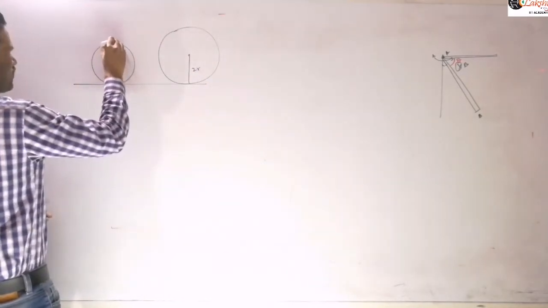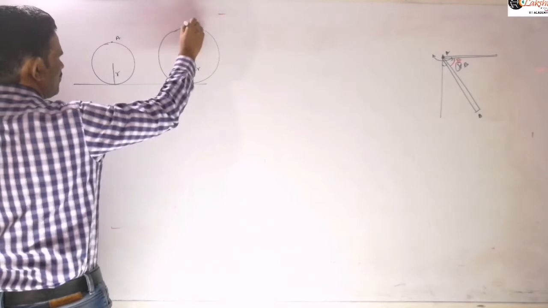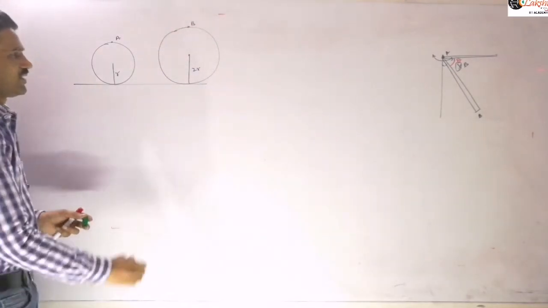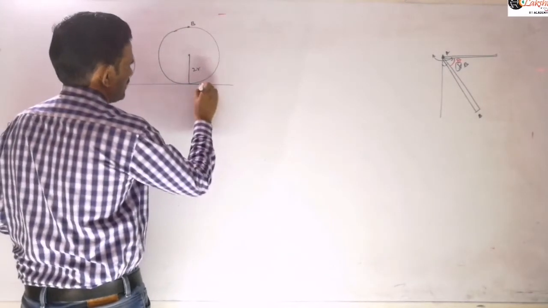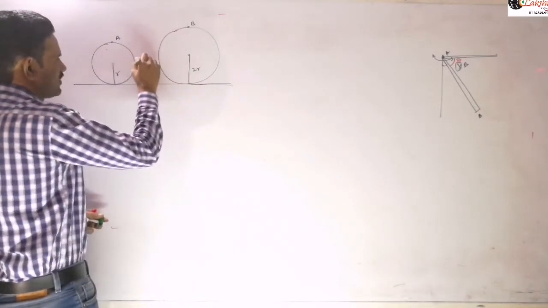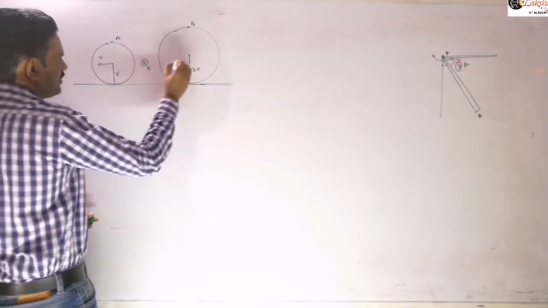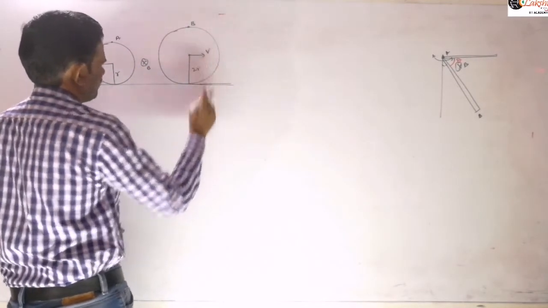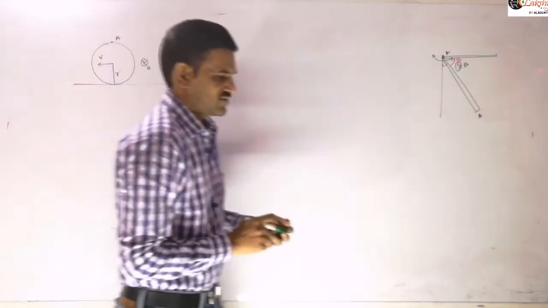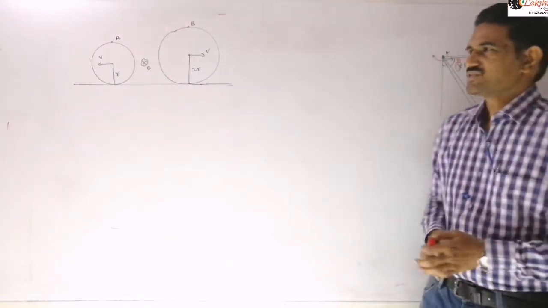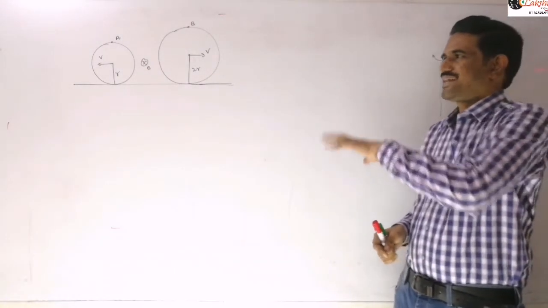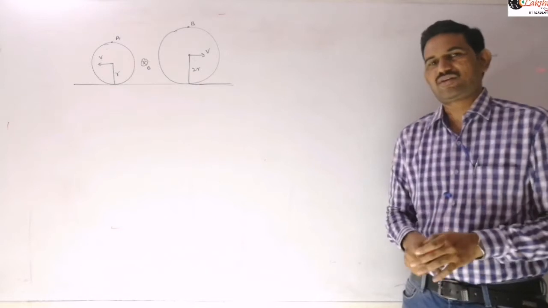The topmost points are A and B. This is a conducting plane, and there is some magnetic field into the plane. Both are moving with velocity v, rolling without slipping. Sometimes they give the problem with both identical rings, but now I am taking different rings.